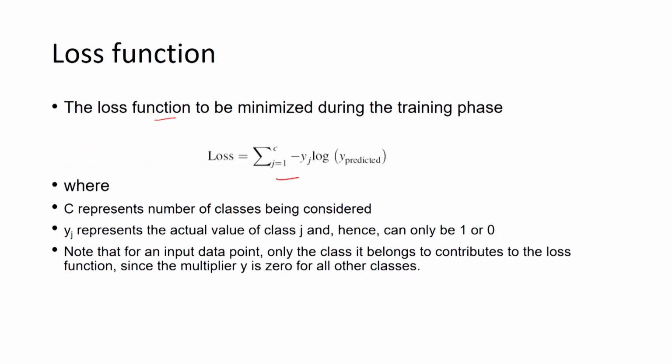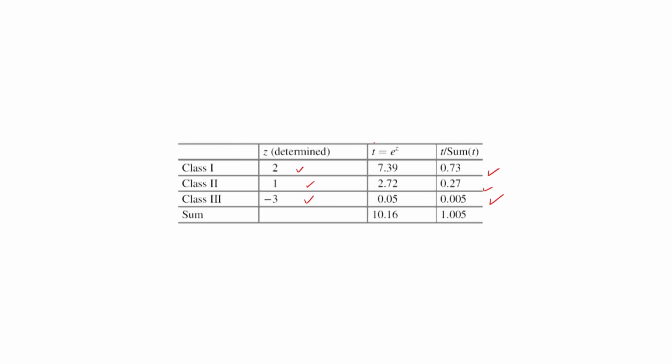Now, here we will have many terms, corresponding to each class. You see this is the actual class, and this is the probability of belonging to a particular class. When j is equal to 1, it is the probability of belonging to the 1st class, which we calculated.